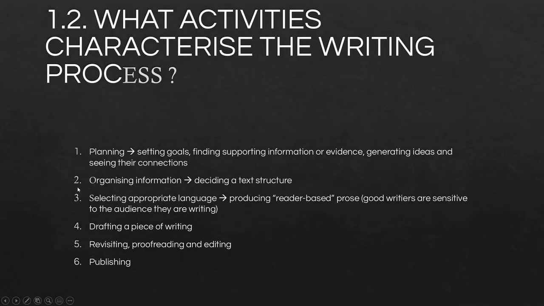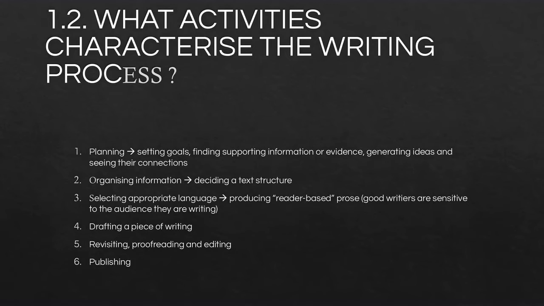Another activity is number 2, organizing information, deciding a text structure, what comes first, second, third, okay, in this text. Number 3, selecting appropriate language, which means that this written piece of text needs to be produced with a reader-based prose, which is found on one of those studies we were discussing before.